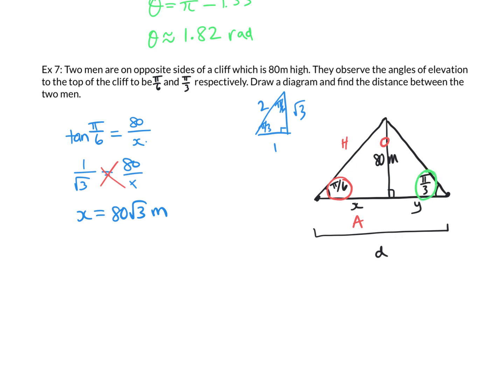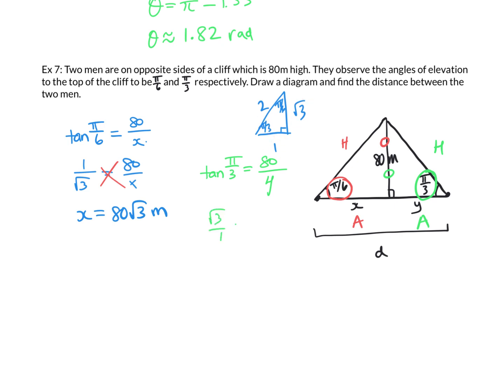I'm going to do the same thing for my other triangle. But now I'm using pi over 3. The 80 meters is still opposite. The y is adjacent. The hypotenuse is useless again. So once again, I'm using tan. So tan pi over 3 equals opposite 80 over adjacent y. And now, when I look at pi over 3, opposite is root 3 and adjacent is 1.